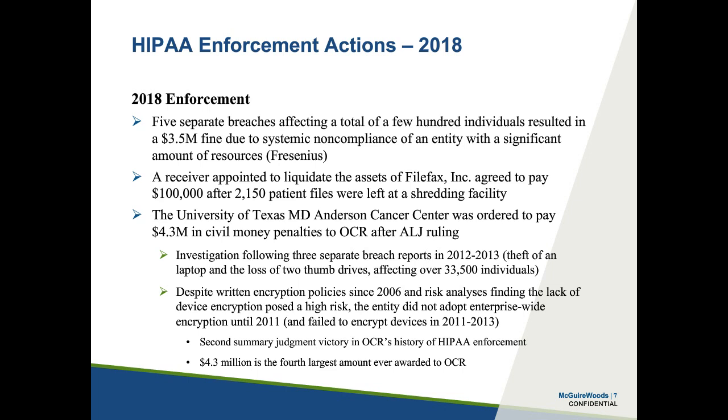They really put their foot down and came out with a $3.5 million fine for systematic noncompliance for an entity that certainly had a lot of financial resources to correct itself and just hadn't gone the full distance yet in OCR's eyes. So that's really notable to show that OCR does put two and two together.